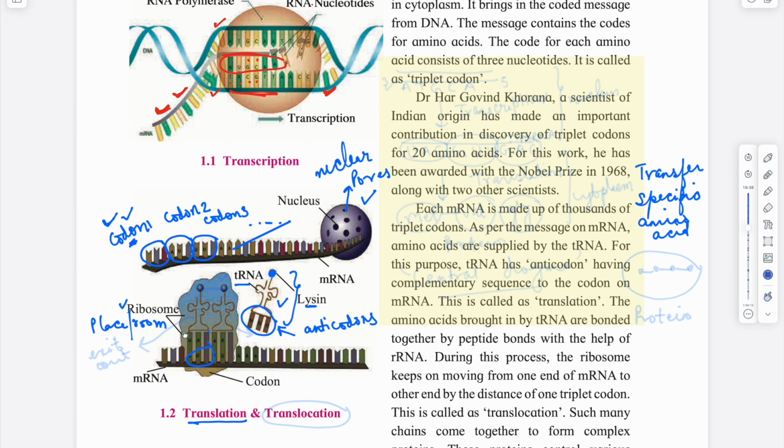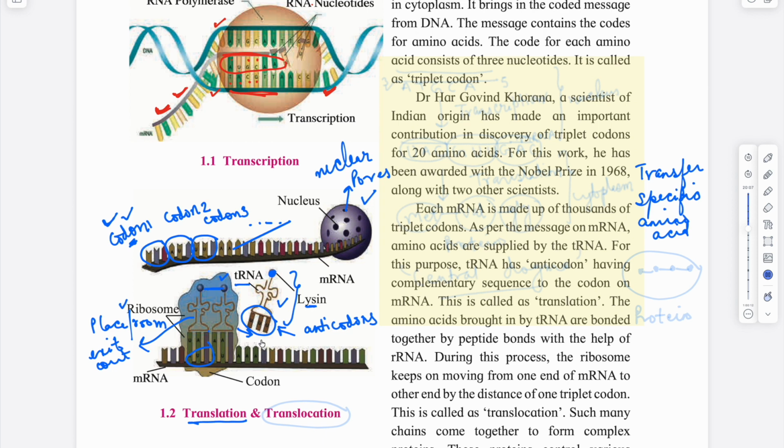So in this way, another tRNA will come and occupy this site. Now you can see there are two amino acids adjacent to each other. A peptide bond will form between these two amino acids, and this uncharged tRNA will exit the system. Now this ribosome will shift in the forward direction.